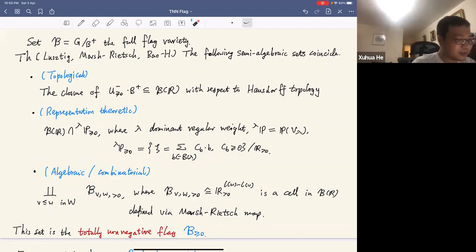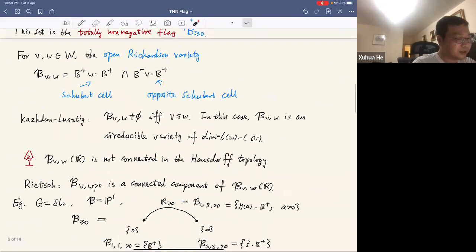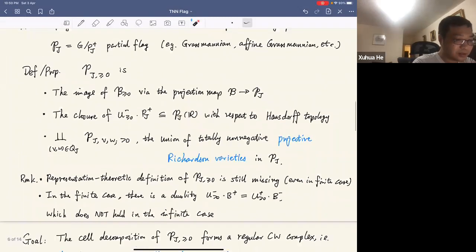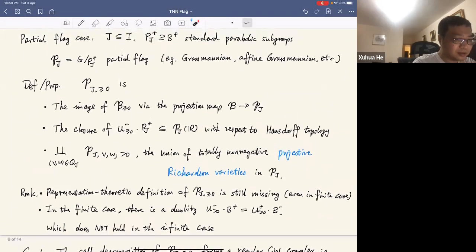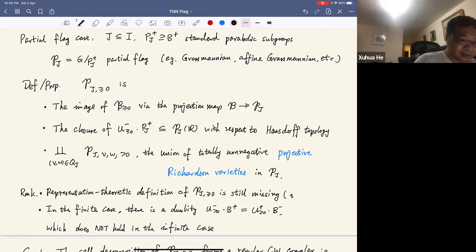But in the finite case, it coincides with all the other definitions. Okay, thanks for pointing this out. I'm probably going to ask you later about this. Thanks.